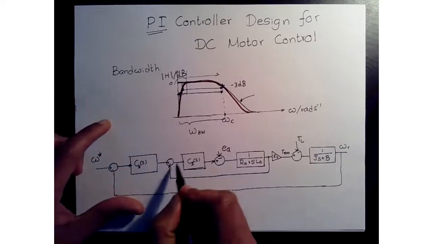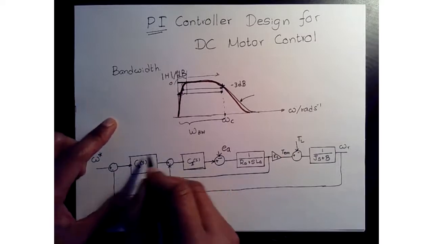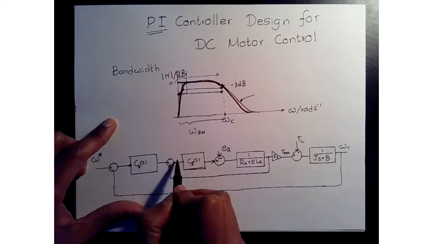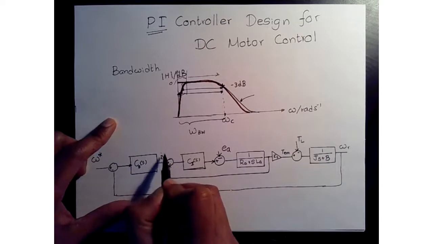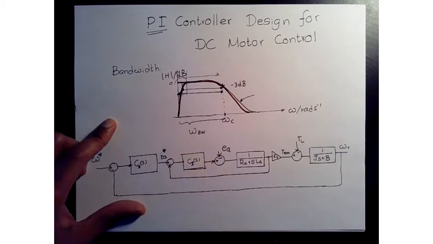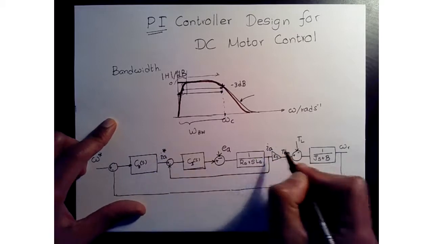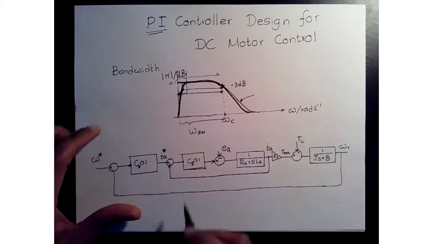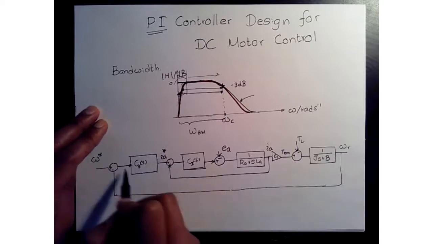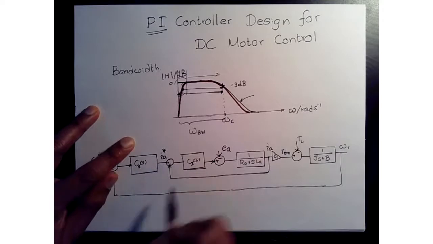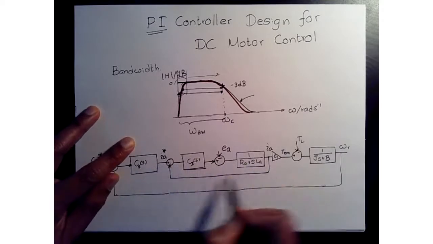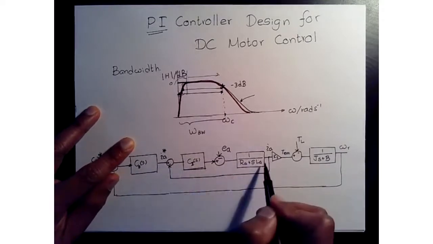Now you can see that this is our current measurement, IA star, and this is our IA, our armature current. So the speed controller sets the current reference, and then the current reference works with this controller to set the current.